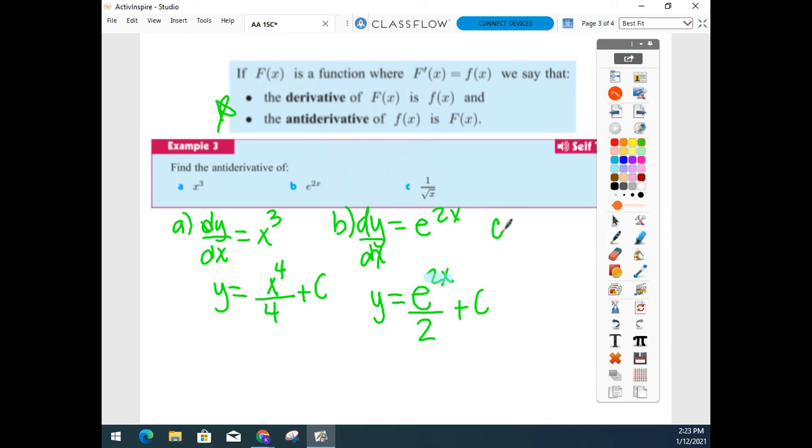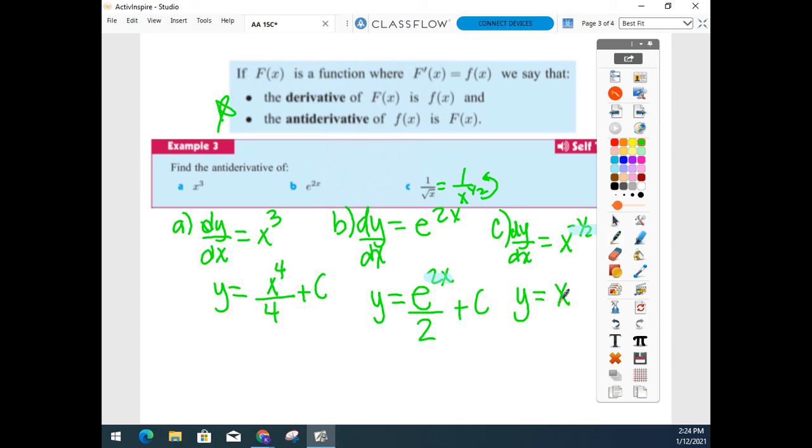All right. Letter C. dy dx. Now, I would say we need to rewrite this. Remember, this is 1 over x to the 1/2. But we want to move this to the top. So that's going to be x to the negative 1/2. So think of the process. The antiderivative, we're going to add 1.